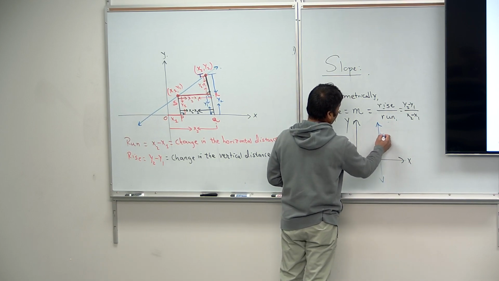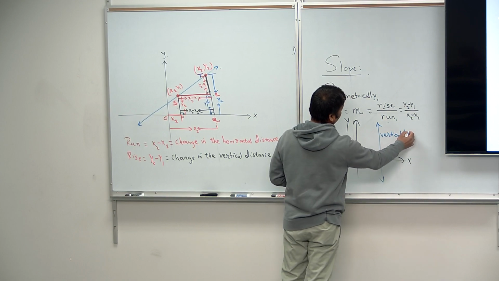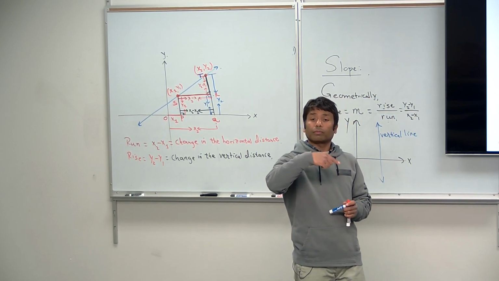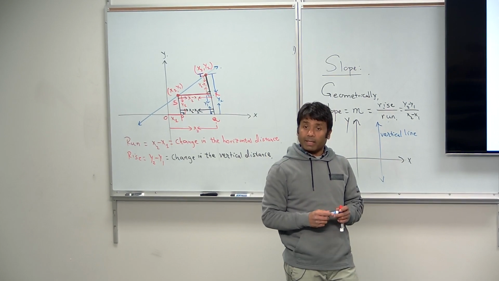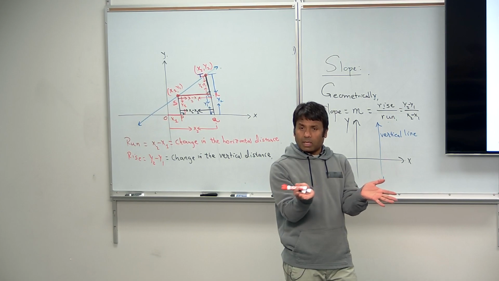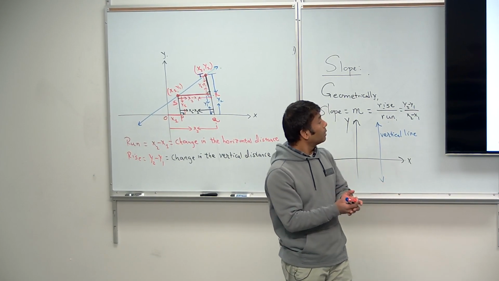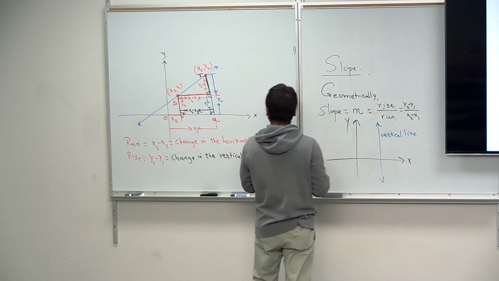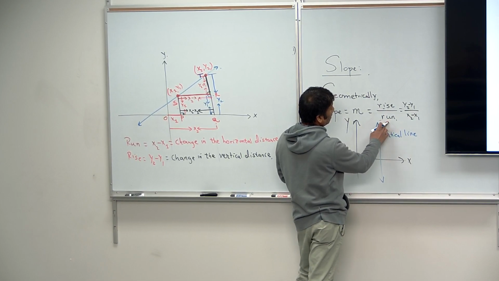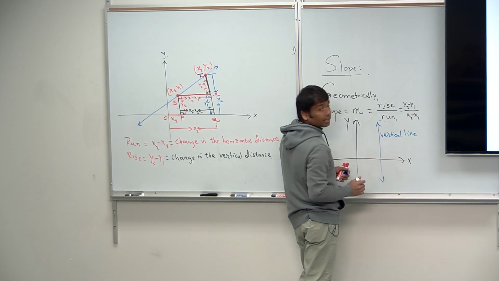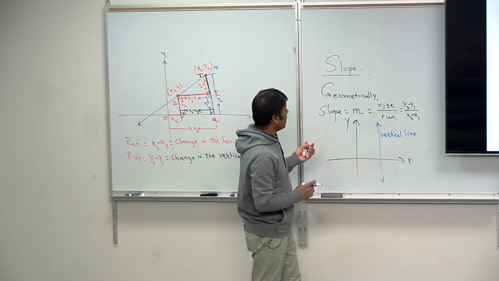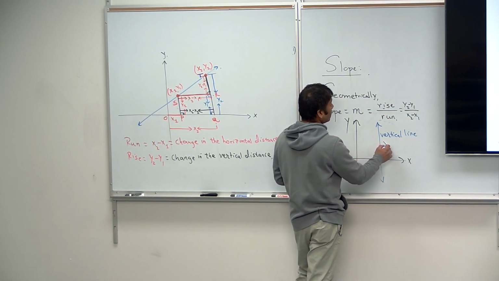A vertical line does not have run. Run is the change in horizontal distance, right? So this vertical line has run 0. That's why the slope of the vertical line is undefined. That makes sense? So let's say this is the vertical line x equal to 3.